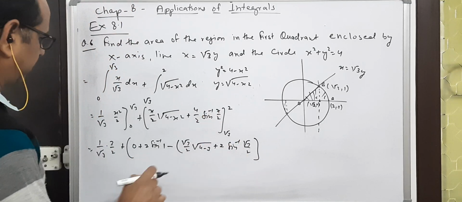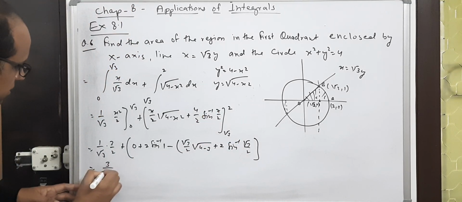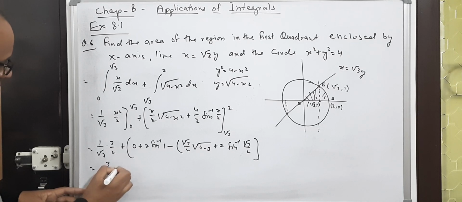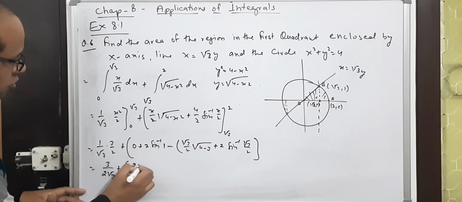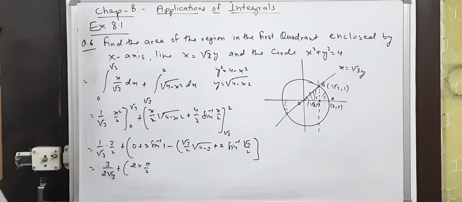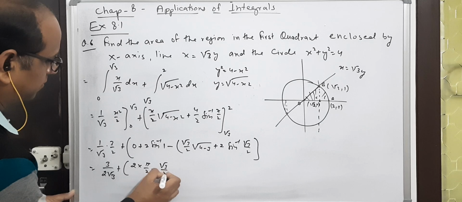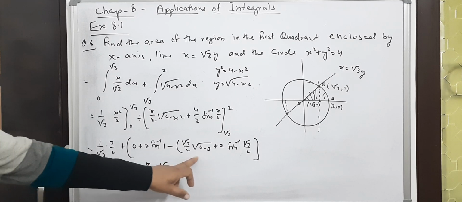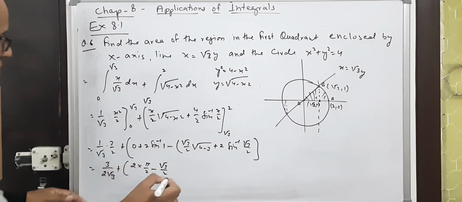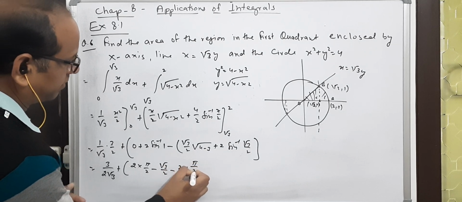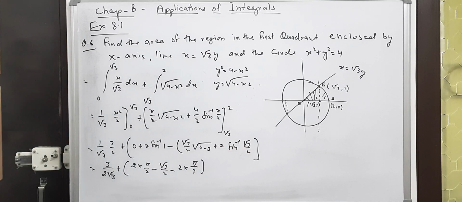This x will be root 3 by 2. So here it is 3 upon 2 root 3 plus 2 into pi by 2 minus root 3 by 2, minus 2 into pi by 3. Sine inverse root 3 by 2 means 60 degree.